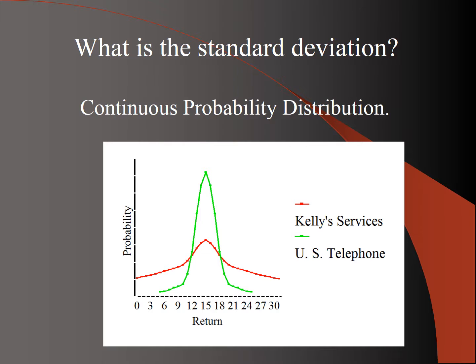Just to put it another way, if you have a large standard deviation, there's a much higher probability that your returns are going to be way off from your expected rate of return. Whereas if you have a small standard deviation, it's much more likely that your actual return will be close to your overall expected rate of return.